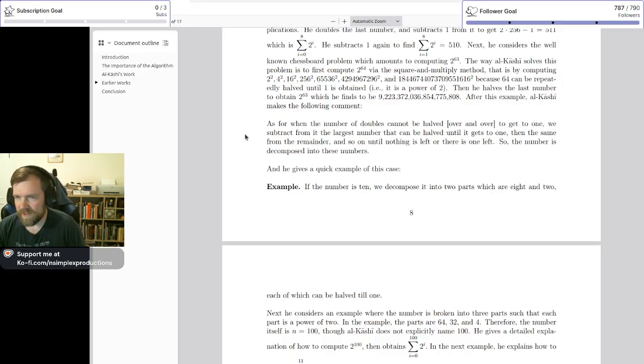Millions, billions, trillions, quadrillions, like 18 quintillion, and then square it, because 64 can be repeatedly halved until 1 is obtained, i.e. it is a power of 2. He then halves the last number to obtain 2 to the 63rd, which he finds to be that given number here. Billions, billions, wow. Million, billion, trillion, quadrillion, 9.2 quintillion.